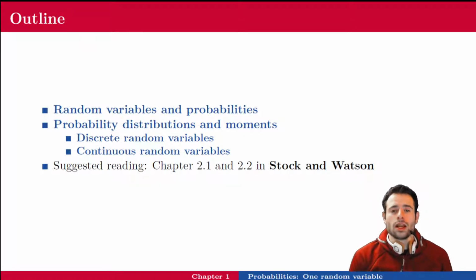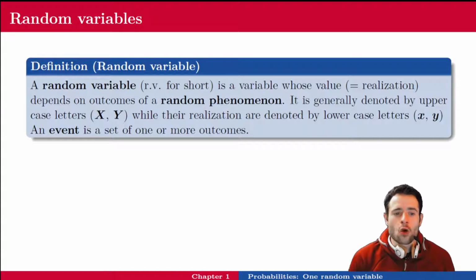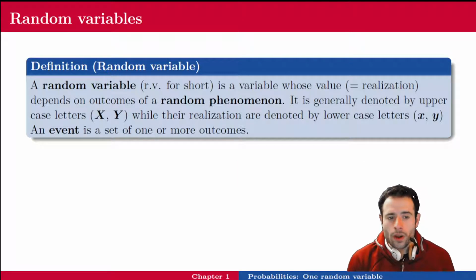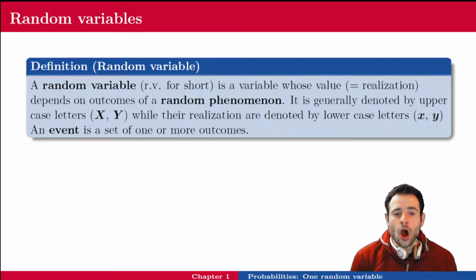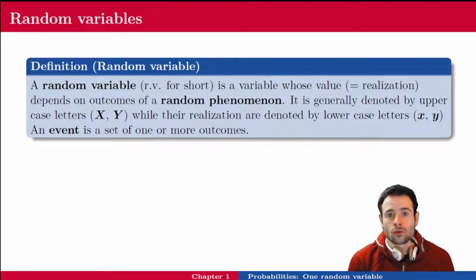So let's start with what a random variable is. A random variable, and I will use RV for short throughout the whole course, is a variable whose value, which we also call a realization, depends on outcomes of a random phenomenon.